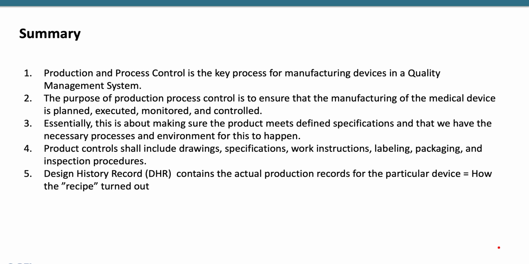So let's summarize. As I mentioned, production and process control is one of the key processes that build our quality management system. That's the process that confirms that our device was built in accordance with defined specifications. The purpose of this process is to ensure that we actually plan, execute, monitor, and control.